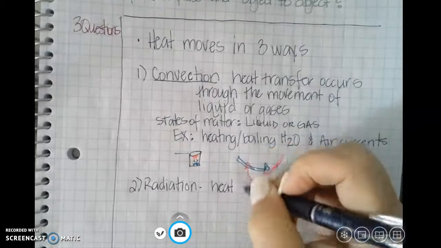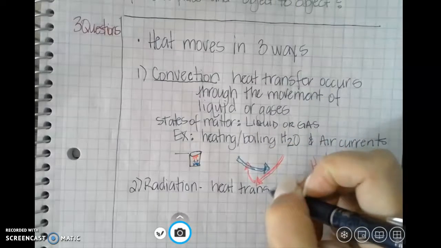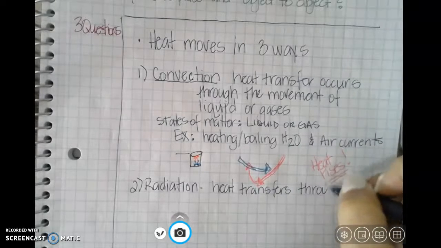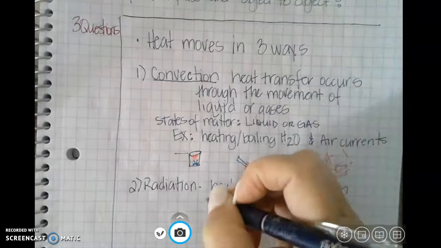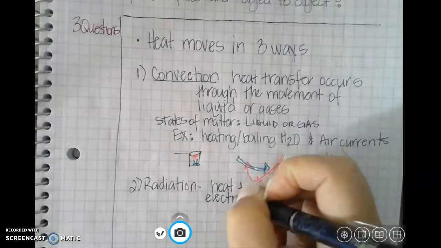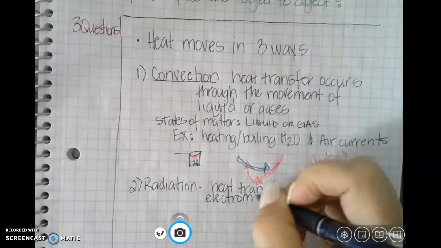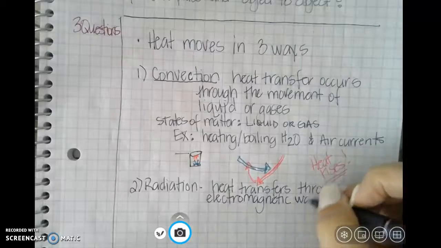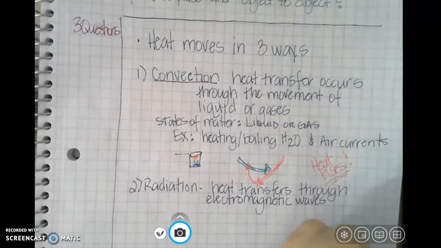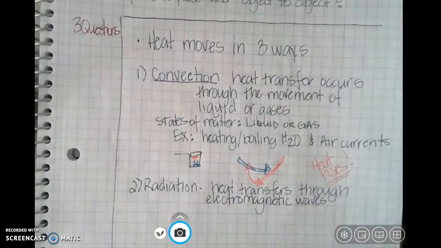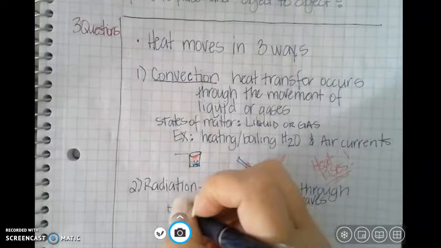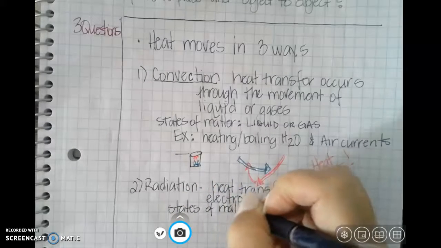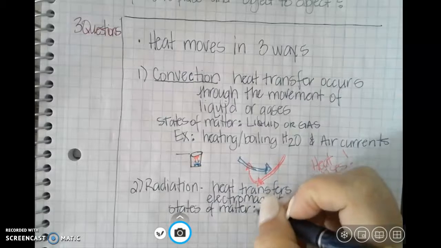So the sun, microwave, and we're going to give you some examples. So the state of matter that this occurs in is gas. So radiation is usually only like for air and gas.